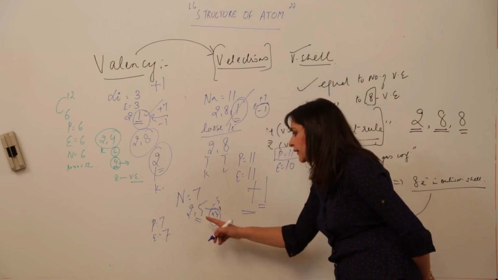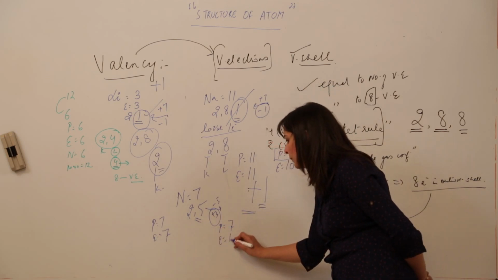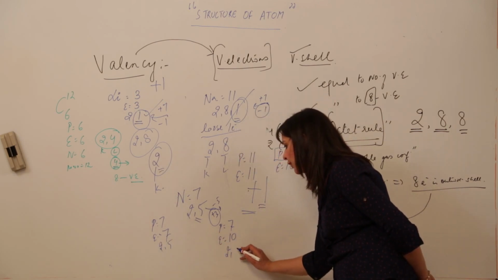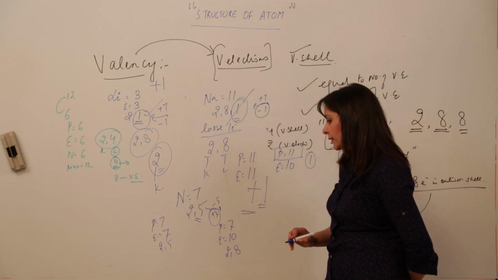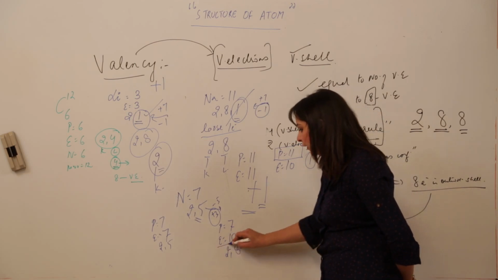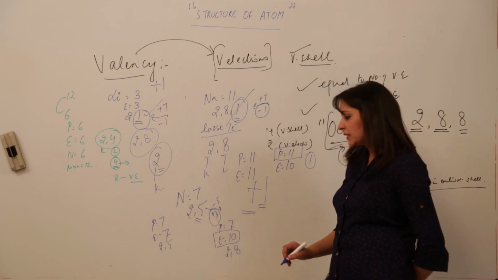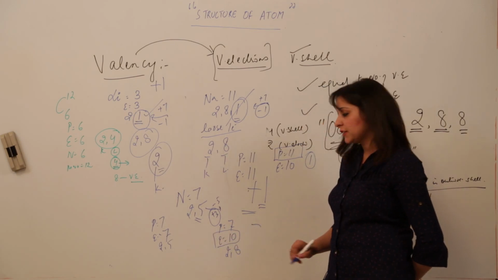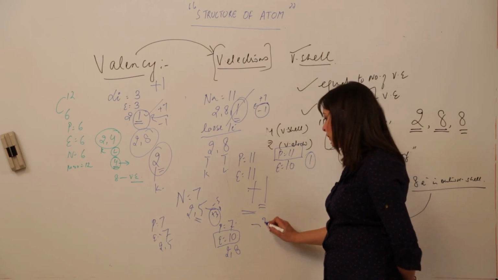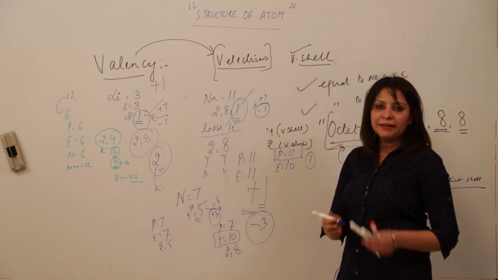Now it has gained 3 electrons, so it becomes 10. Earlier the configuration was 2, 5, now the configuration is 2, 8, right? So what has it done? It has gained electrons, which means negative charge is increased. By how many units? 7 to 10, 3 units, so minus 3. Its valency is minus 3.